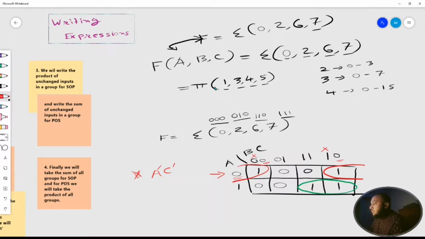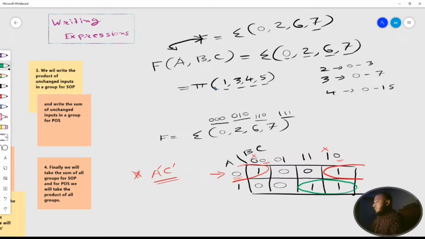So for 0 we will prime, for 1 we will just write the input's name, and for a particular group we will take all the inputs that don't change, and we will take their product. In this red group, the unchanged inputs are A and C, and both are zeros, so we will take A prime into C prime. So this is for the first group, or you can say for the red group.